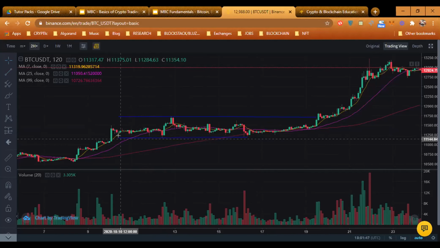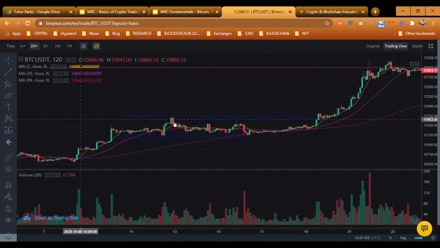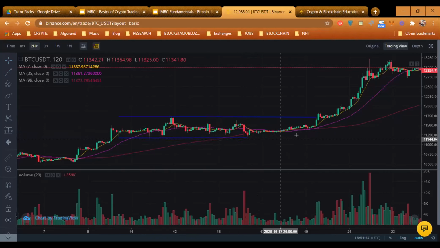12. Yeah, this one, 12 to 6. For the last 6 hours, more than 6 actually. Let's say here, for the last 12 hours, Bitcoin didn't come below this price, right?